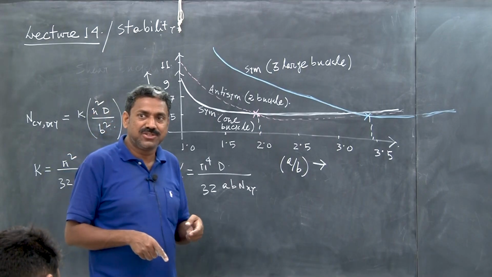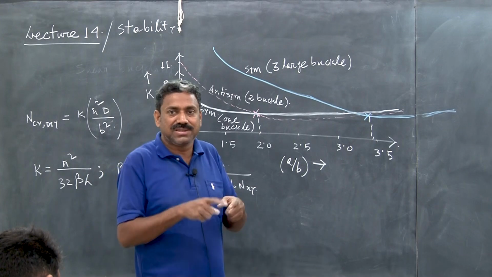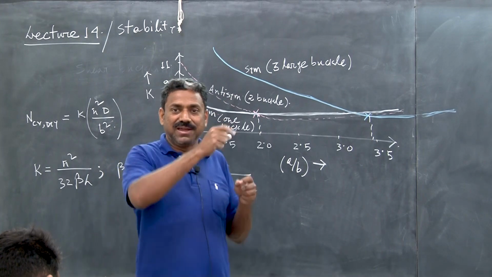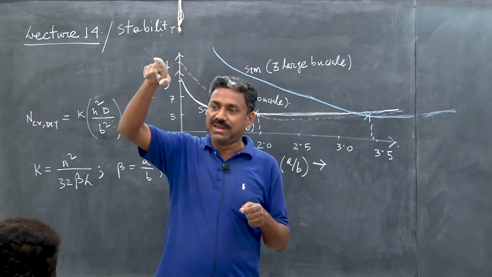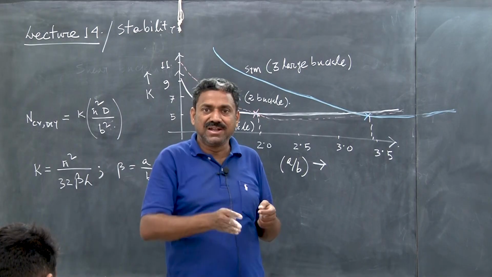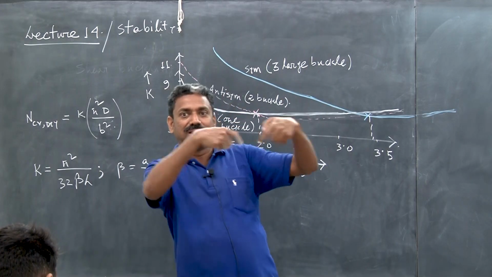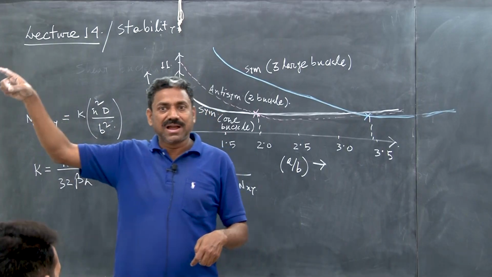When A by B ratio is an integer, that means it can perfectly accommodate the square shape, then it will attain a lower value. Otherwise, when the aspect ratio is increased or decreased from an integer, it will increase on both sides. That is what forms this kind of Arnold tongue structure.